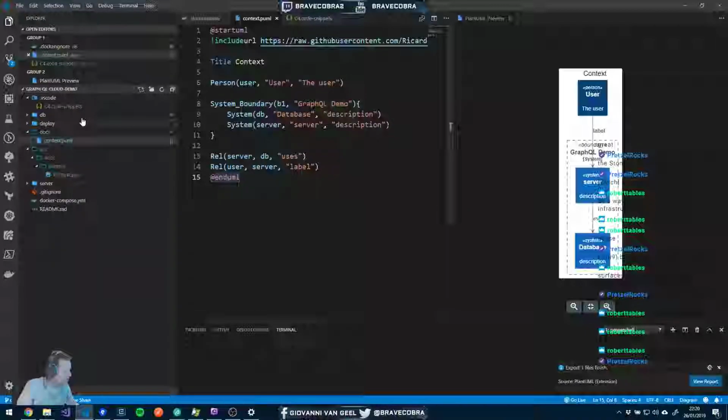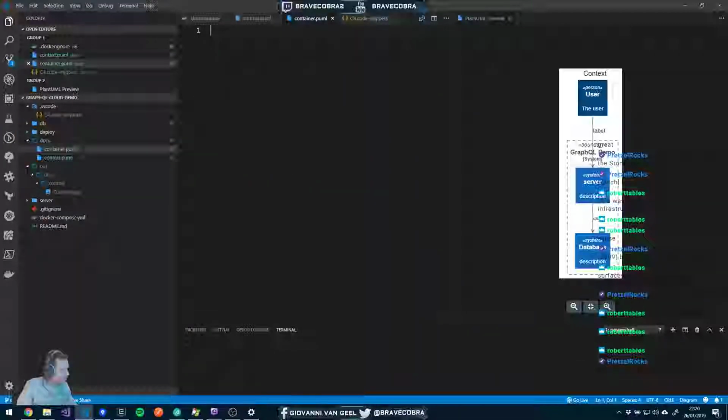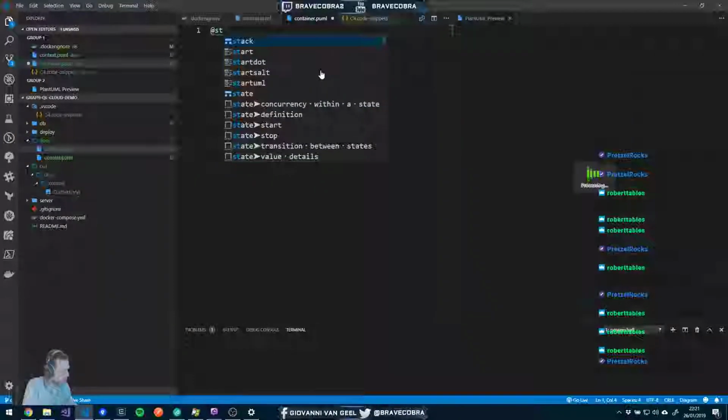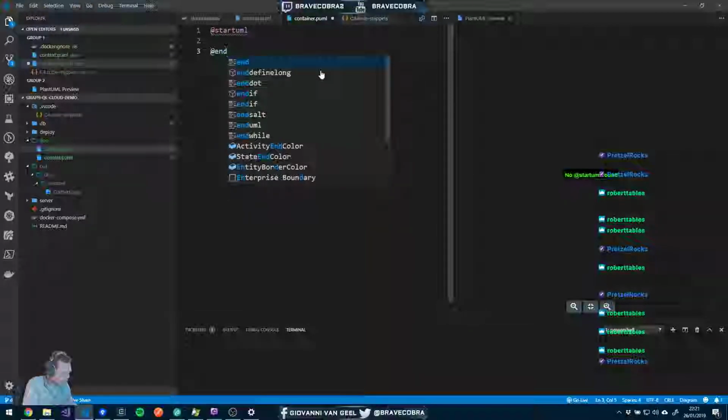That's a PNG file. So now we can add a second file here, which is going to be the second level. That's going to be a container. And that's when it starts to get interesting, as you would need to help me there, Robert, on what the application actually looks like, what we're trying to describe here.